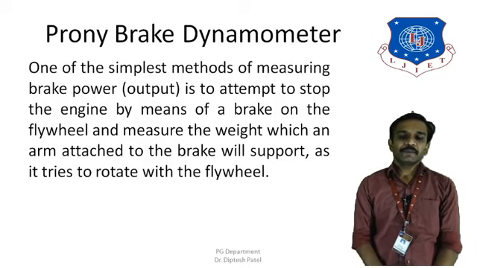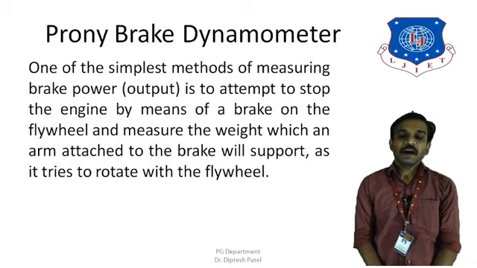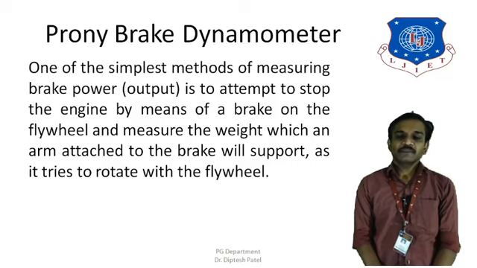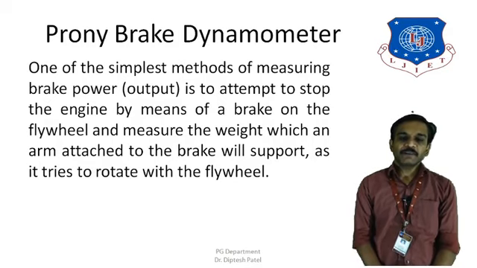So here, basically in the previous session we started with the brake horsepower, how to measure the brake horsepower, since brake horsepower is one of the important parameters which gives you the understanding of the power output that the engine should have. You can measure the brake horsepower, indicated horsepower, even the friction power.